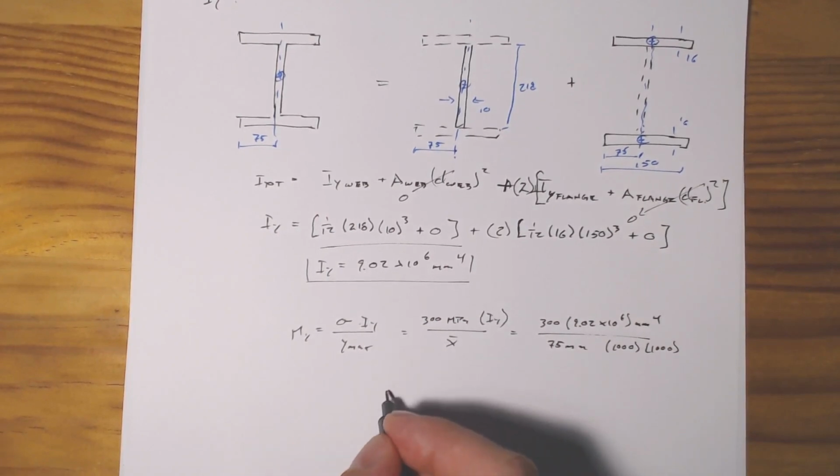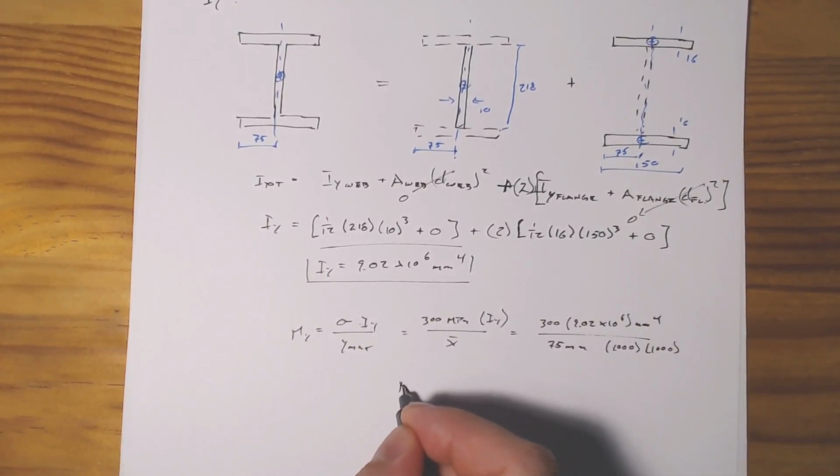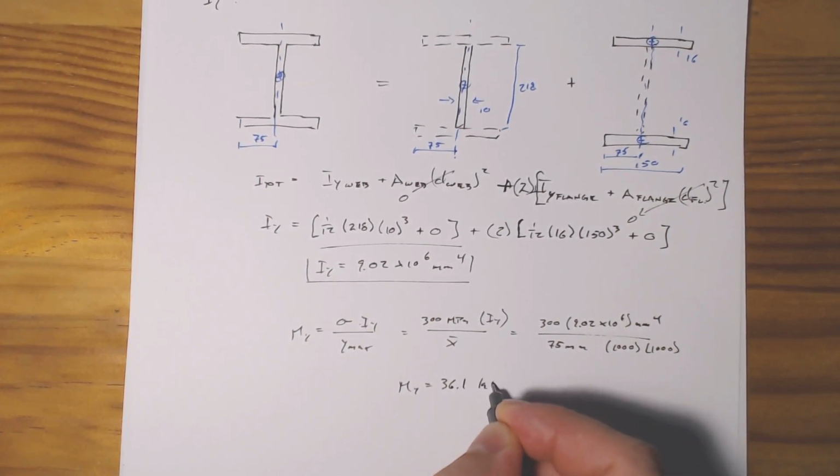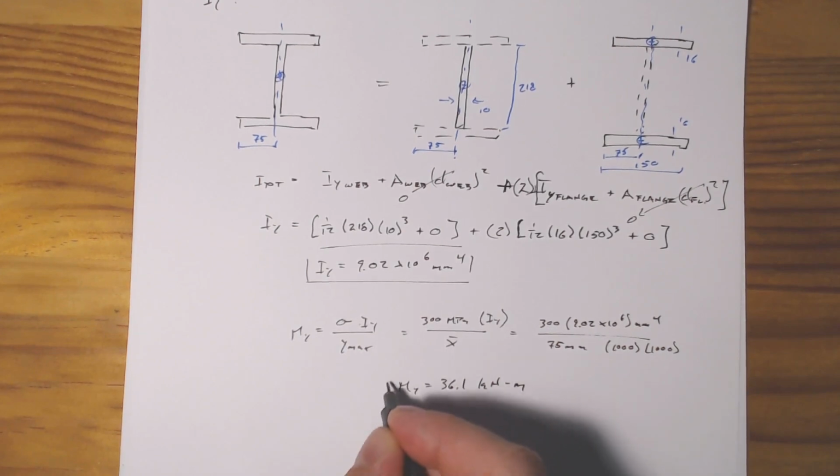And if we turn all of this through, we get My equals 36.1 kilonewton meters.